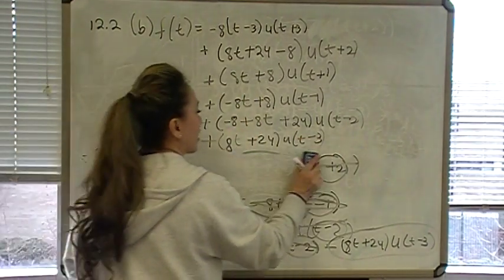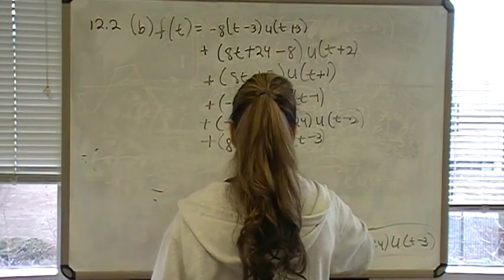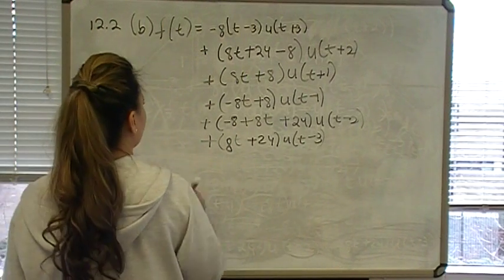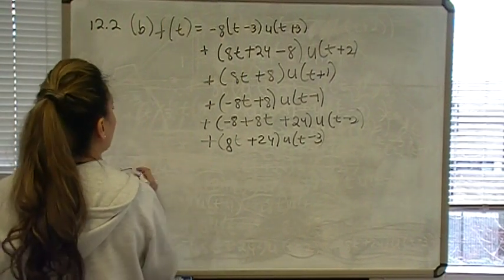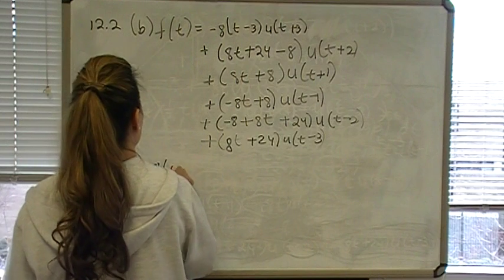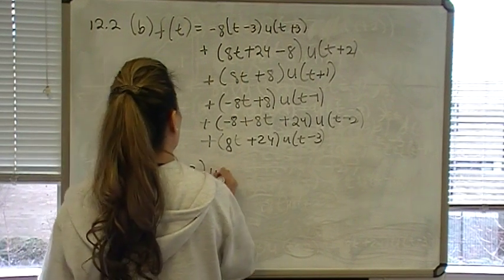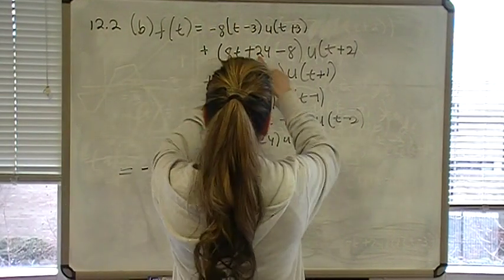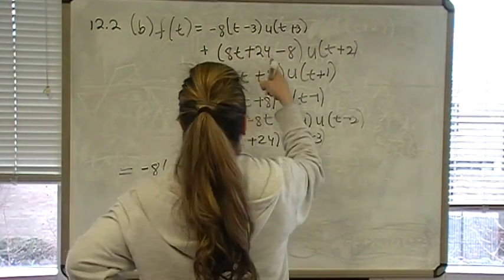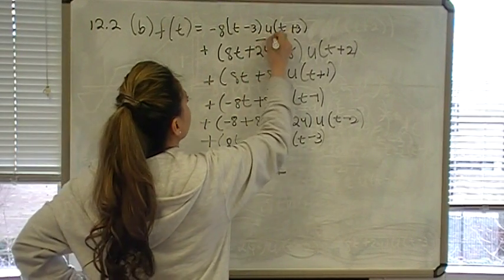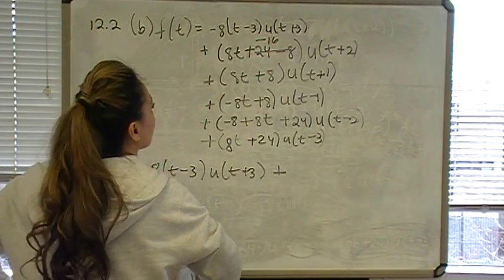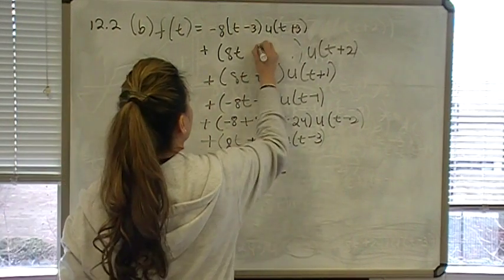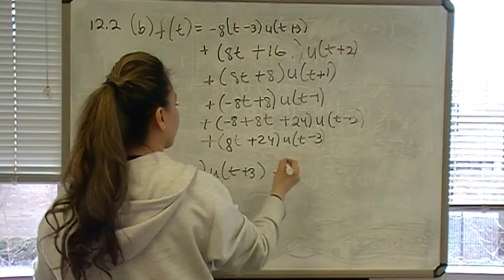Okay, so now we can simplify that to a final equation. That is equal to negative 8 times t minus 3 u of t plus 3 plus negative, this gives me 8t minus 16, right? Because, oh, excuse me, plus 16. So that's really plus 16. I can factor out an 8.